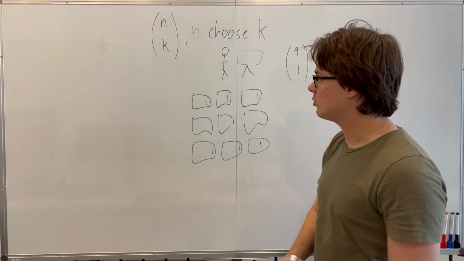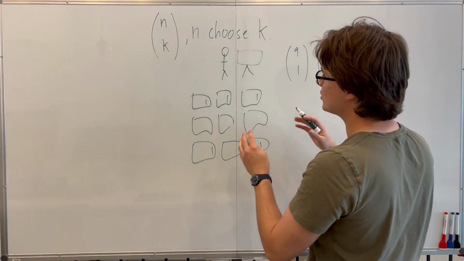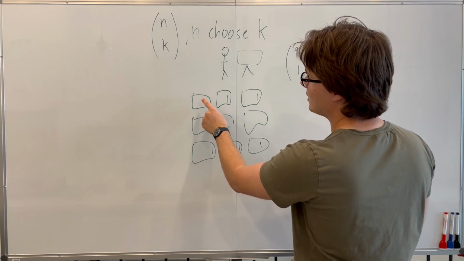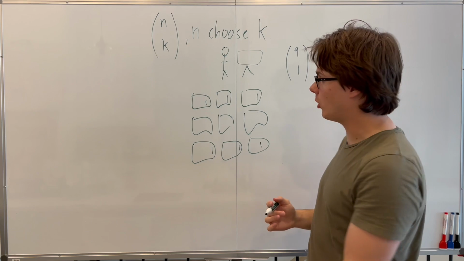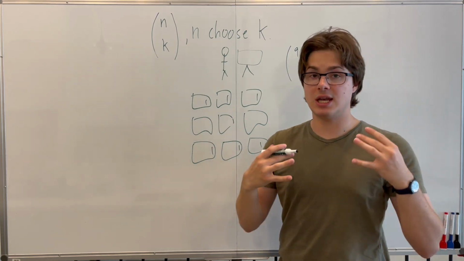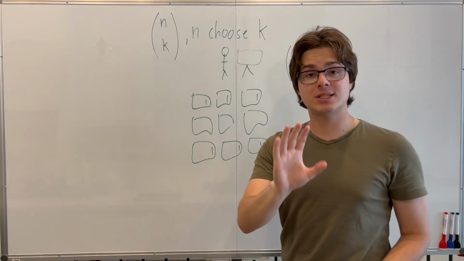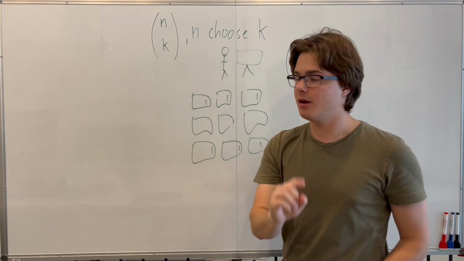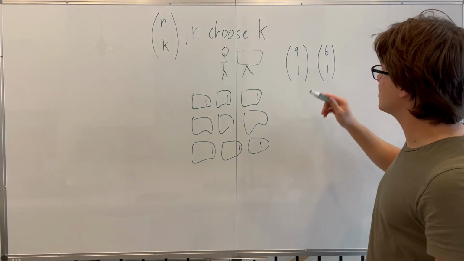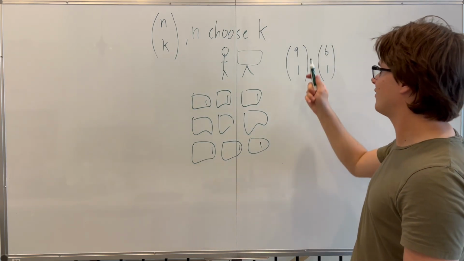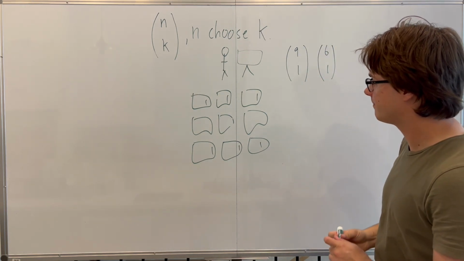Why is it 6 choose 1? Because out of the students that you can choose from, it's going to be 1, 2, 3, 4, 5, 6. You are not going to choose these students because they didn't raise their hand. And you are still choosing only 1. That is where we got the 1. You're only choosing 1 student. And 6 because only 6 of them raised their hand instead of 9 of them having raised their hand.